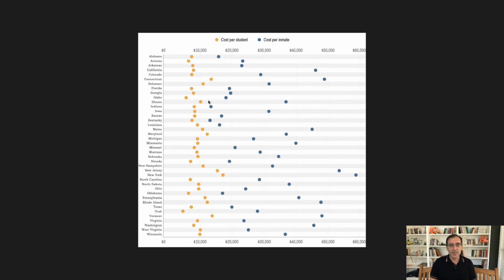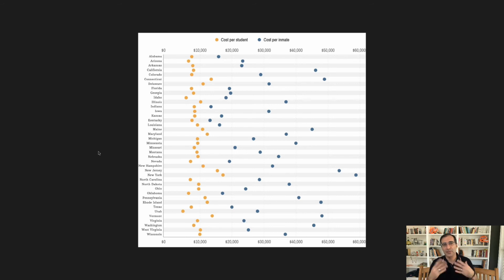Here are some states: New York State, New Jersey, Connecticut, California. They spend a lot of money and effort on keeping inmates in jails. This is annual cost versus keeping people in schools, not the same people.